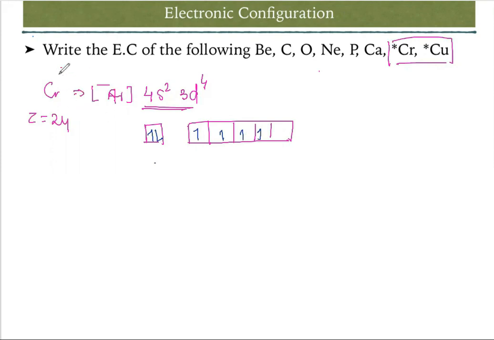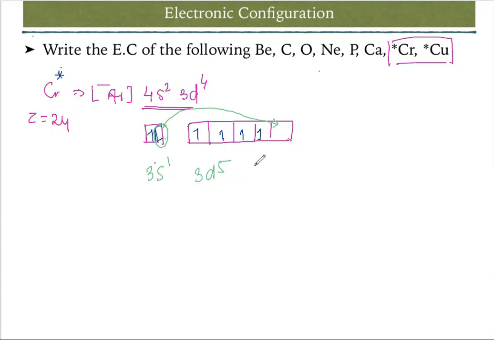Now the exception case is that 1 electron from 4s is going to jump to the 3d. So the actual configuration is 4s1, 3d5.